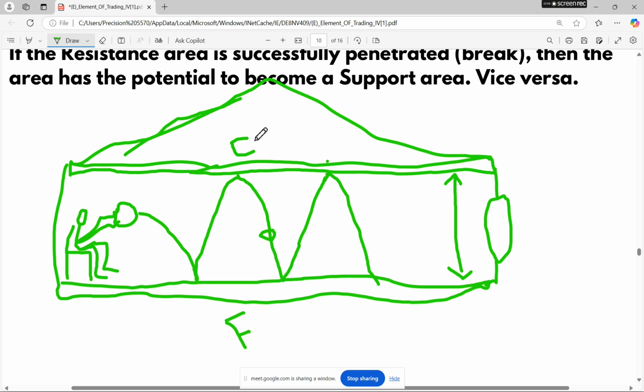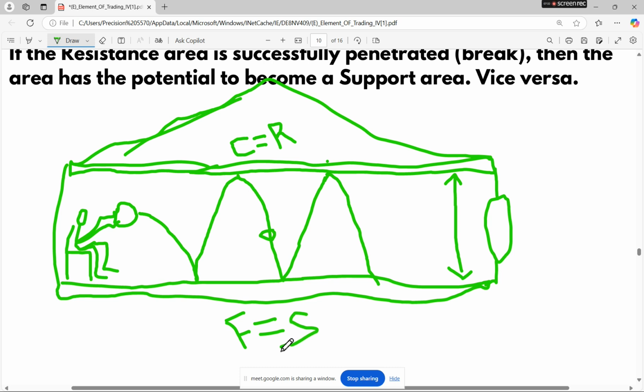So the ceiling is like our resistance in the market, and the floor is our support.